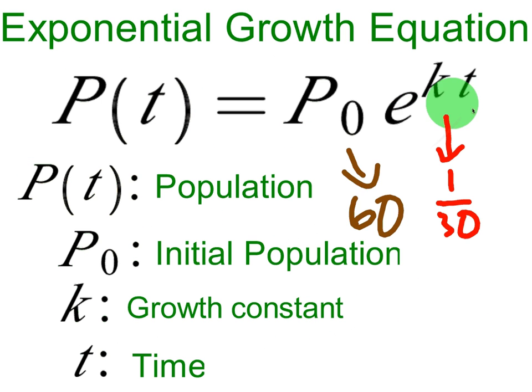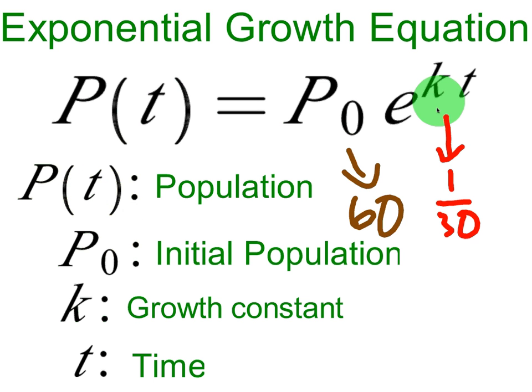So moving on, T represents time. Now, if the rate was bunnies per year, then T would be in years. So that T can change depending on the particular problem or application. All of that will give you P of T or A of T, which is your population or your amount after a certain amount of time.